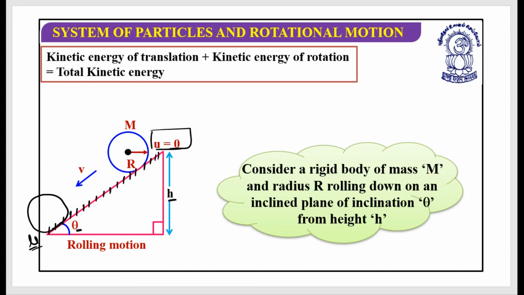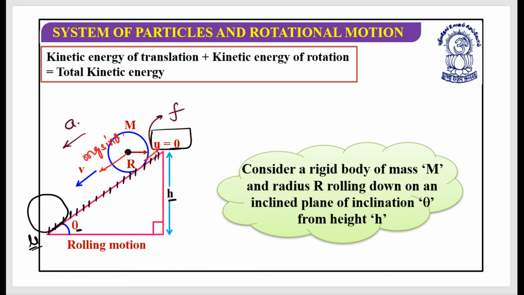The forces are mg sin theta, and this will be the force of friction, and as it is moving in this direction, this would be its acceleration. I hope this is clear. Yes.